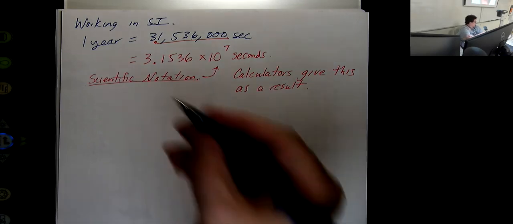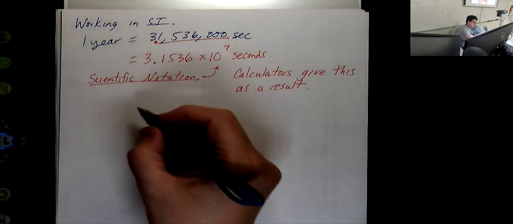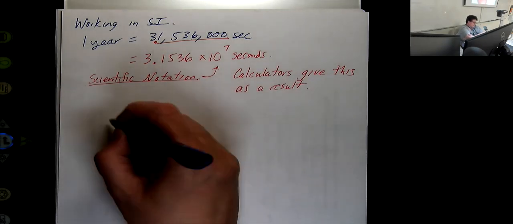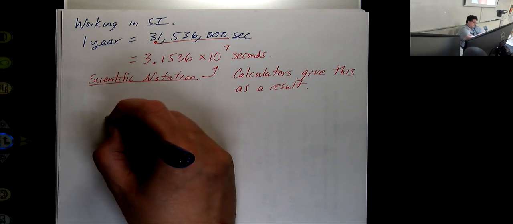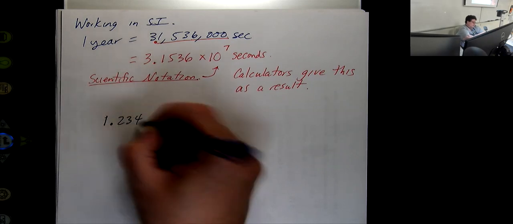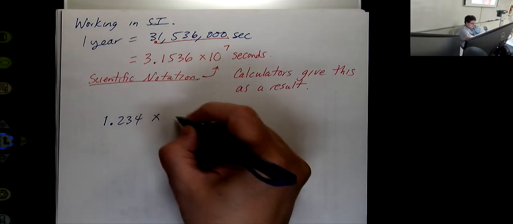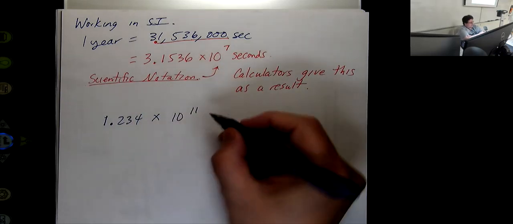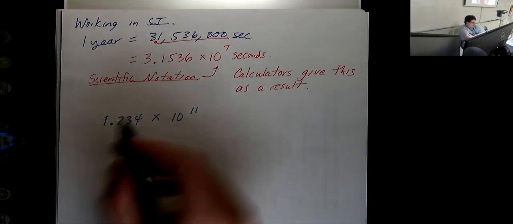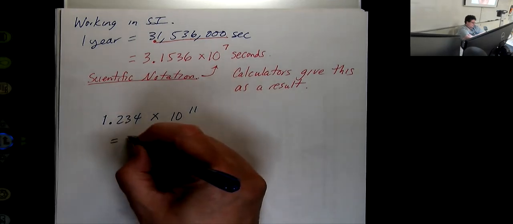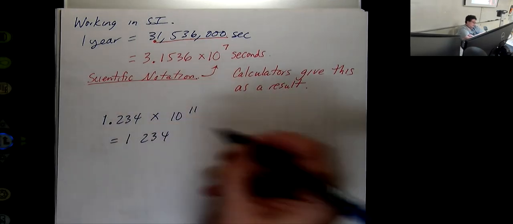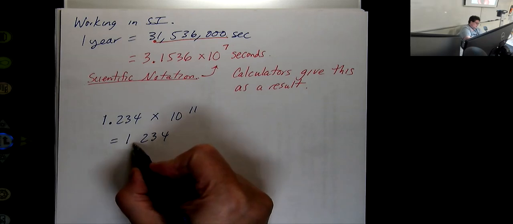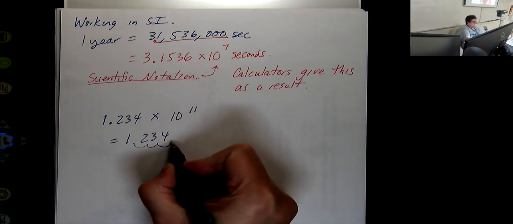The key to it is, like if I've got 1.234 times 10 to the 11th power. What I want to do is I'm going to write my 1, 2, 3, 4, and I'm going to start moving this over and counting how many times I move it.